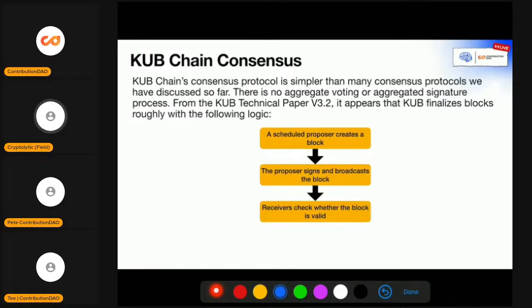And once the other validators receive a block, they just have to check that the block is valid. And if it is valid, they can finalize it immediately and that is all. You just move to the next block.